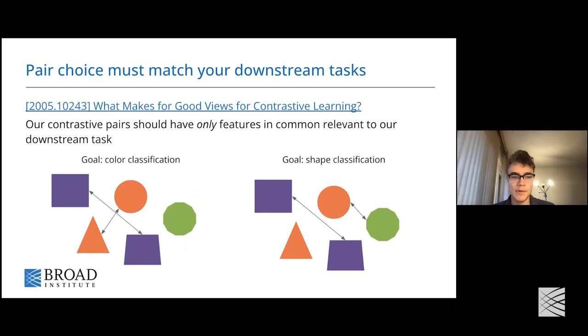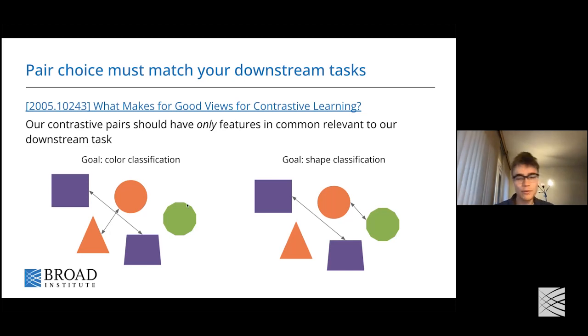Then if we want to get the best results using contrastive pre-training, ideally we should have pairs of shapes that are the same color. But the other important part is the other side: since we're doing color, we want the shape information to not be shared by pairs, because that would be a distraction for the downstream model.